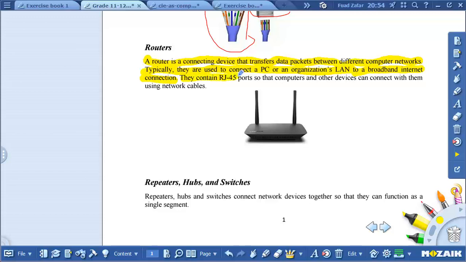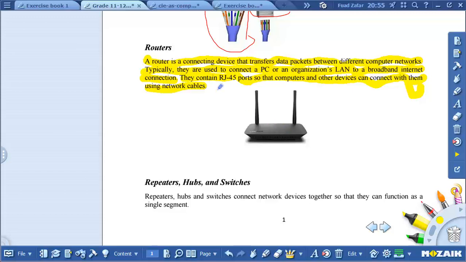They contain RJ45 ports so the computers and other devices can connect with them using network cable. So you're going to plug a network cable into a port in your router.